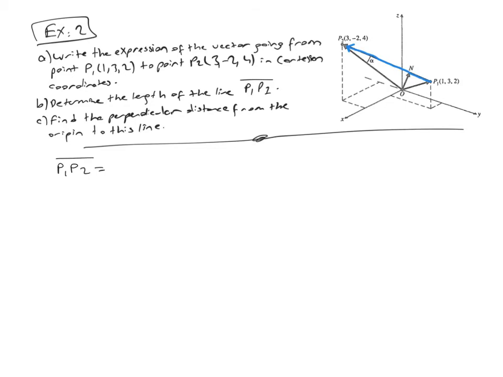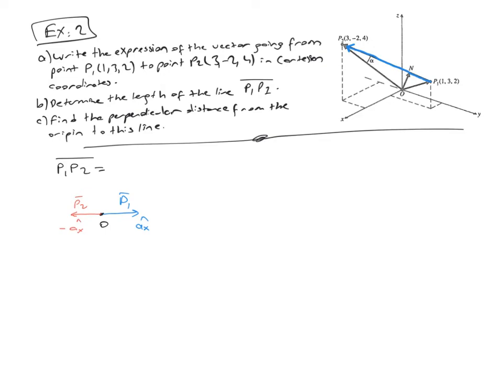In order to understand how to write the expression that belongs to this vector, let's examine a simple example. Let's say this is the origin and this is vector P1, and it is equal to the unit vector in the direction of x, and this is vector P2 and it is equal to the unit vector in the direction of minus x.